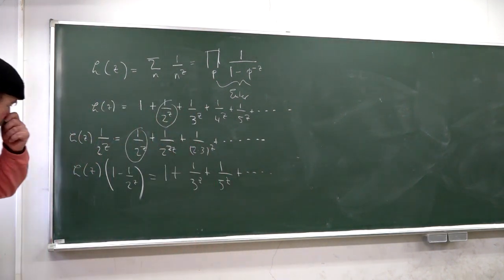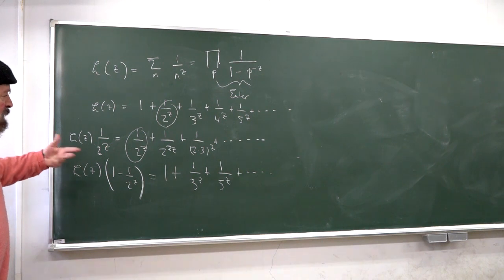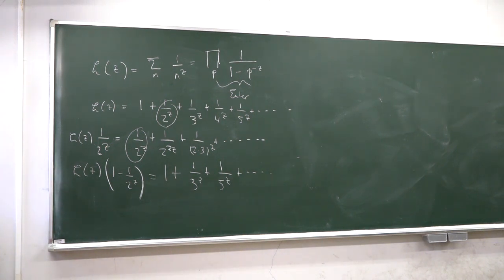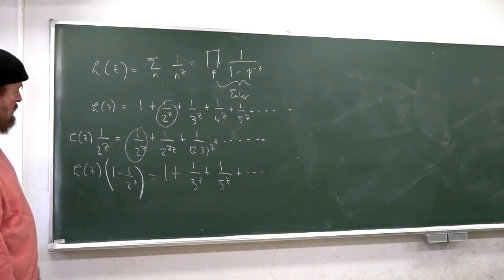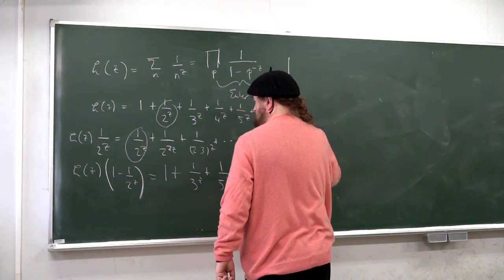So now you see a 3 here. So I'm going to do this trick again, but I'm going to multiply both sides of the equation by 1/3 raised to the power of z. Okay? Let me see, because this is very important.